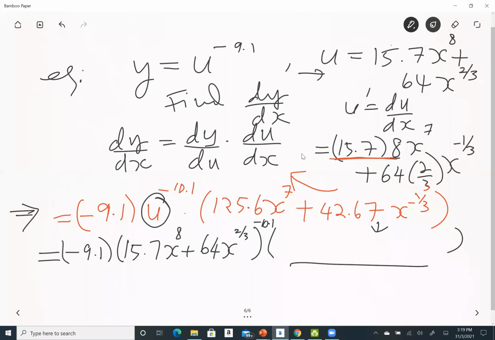The idea is that you have y as a function of u, and u is a function of x, so you have to take the derivative dy/du, and then du/dx, and then apply the formula. So that will do it for today. That will be the end of chapter 9, the rules.